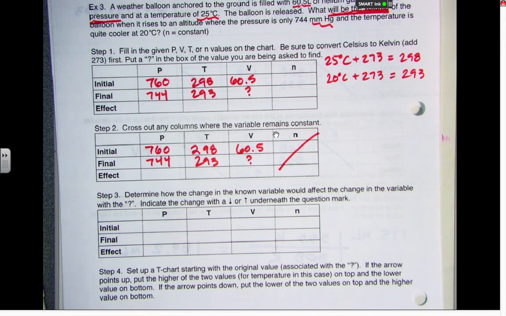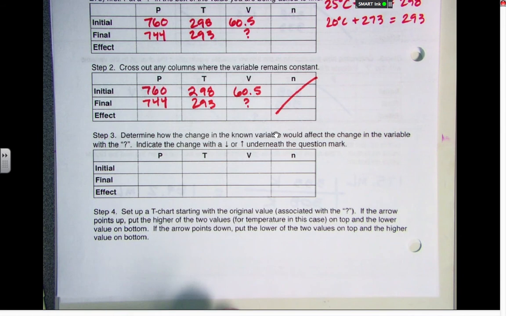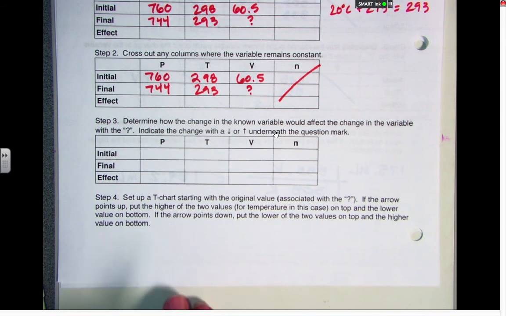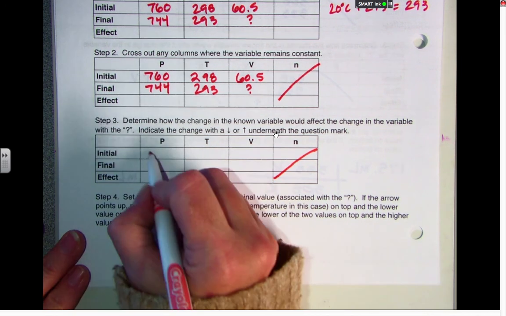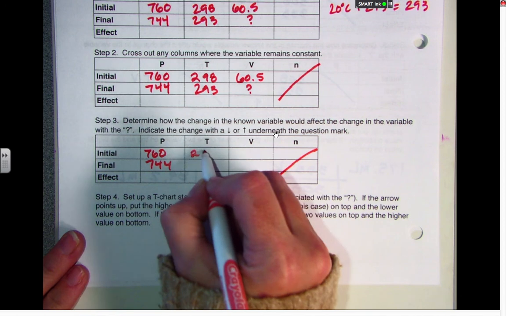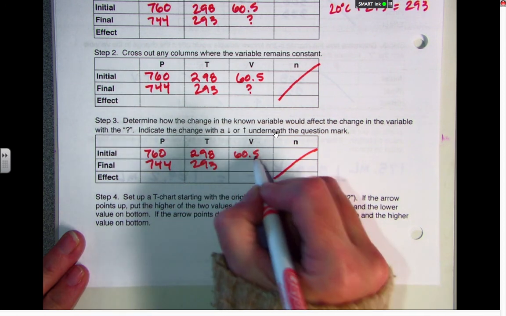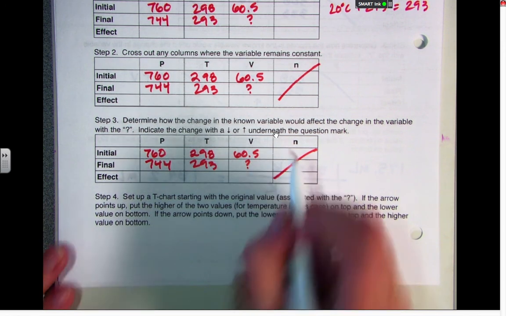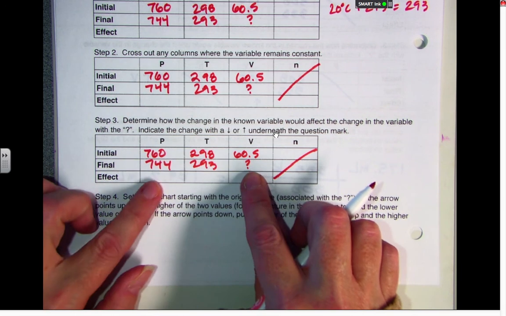All right, step 3, determine how the change in the known variable would affect the change in the variable with the question mark. Indicate the change with a down arrow or up arrow underneath the question mark. So 760, 744, 298, 293, 60.5, question mark. So we're looking at volume and pressure.